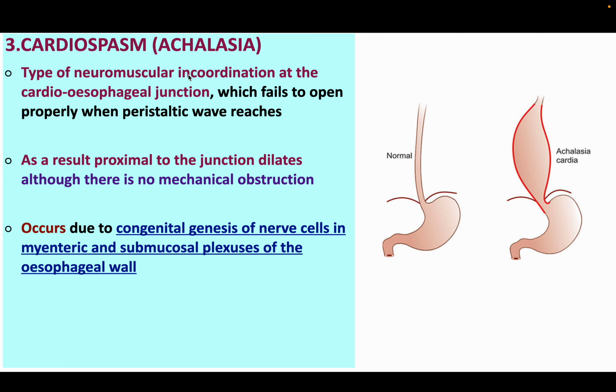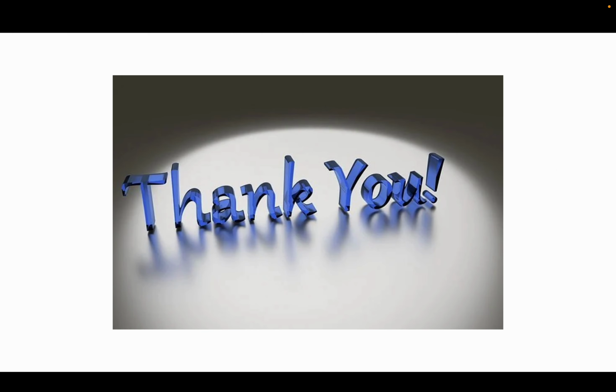It is only the incoordination between the higher center and the muscles present in the esophagus that leads to this pathology. It occurs due to congenital agenesis of the nerve cells in the myenteric and submucosal plexus of the esophageal wall. So the portion proximal to that opening is dilated. This is known as achalasia cardia.